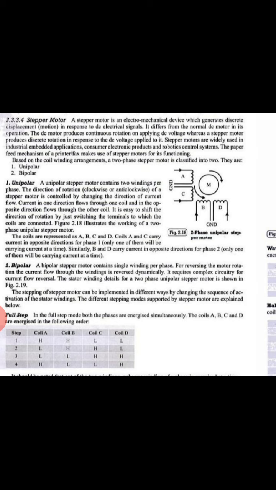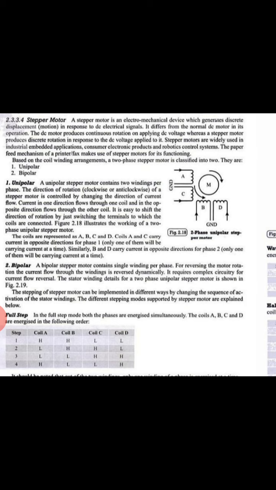The current flows in one direction through one coil and in the opposite direction through the other coil. It is easy to shift the direction of rotation by just switching the terminal to which the coils are connected.